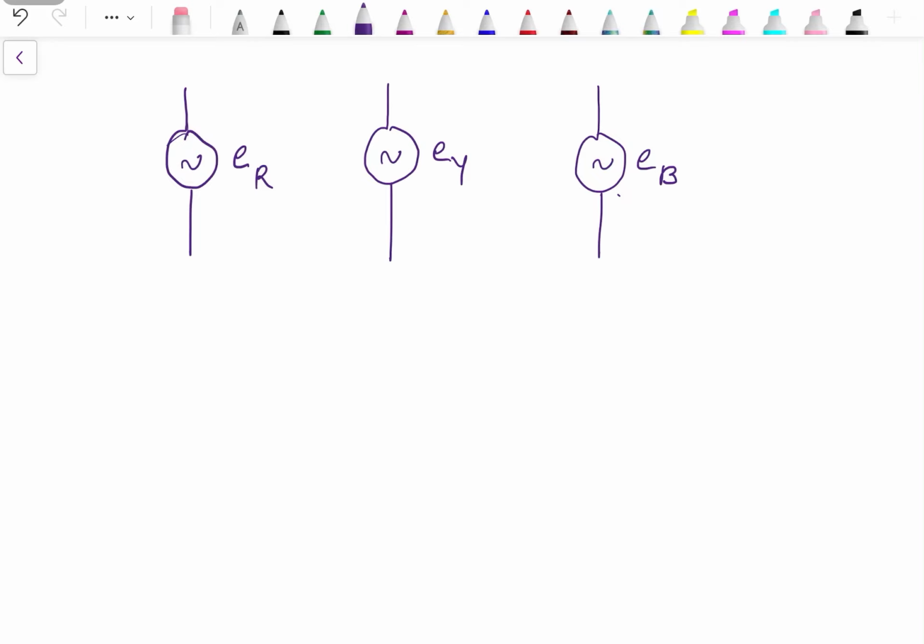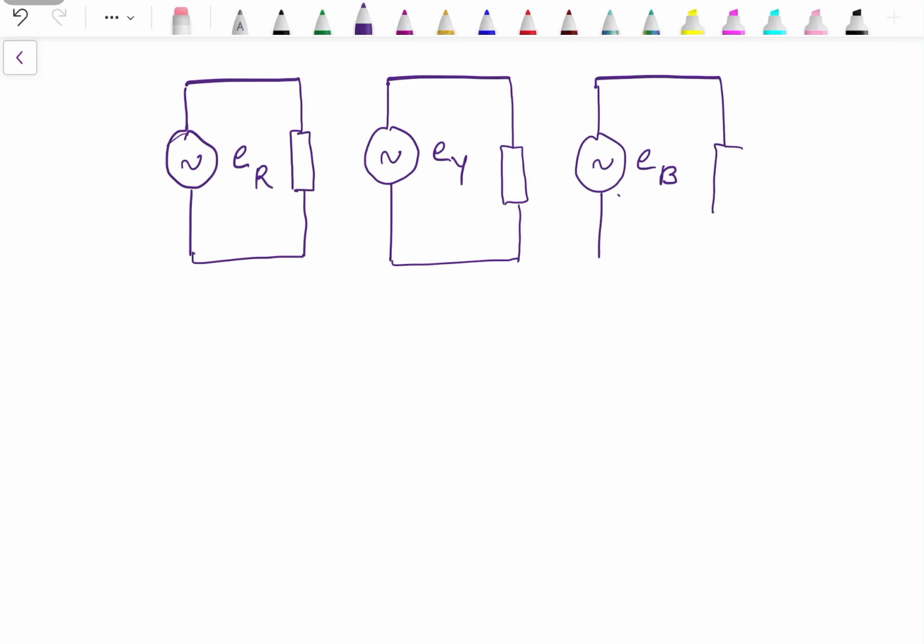Now how to connect the load across these? One way is that we connect the load like this. First load is connected across phase R. Second load is connected across phase Y. Third load is connected across phase B.